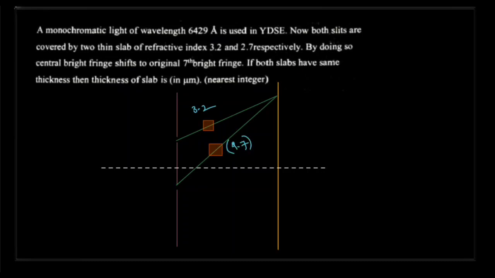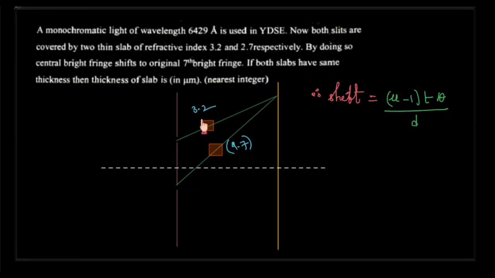The shift, since shift can be written as, what is the shift formula? The shift formula is (mu minus 1) into t, capital D by small d.